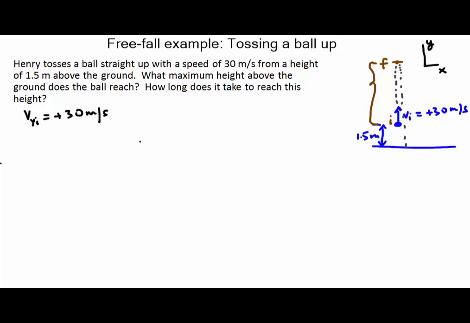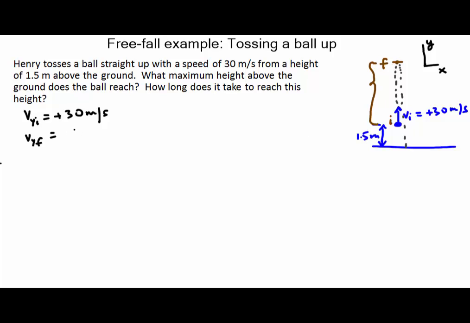Velocity in the vertical direction is pointing up. My y-axis points up, and that's why it's positive. What's my vyf? Do we know that? Well, since my final point is the maximum height the ball reaches, and we know that at the very maximum height the ball stops for a moment of time, that is my final situation.